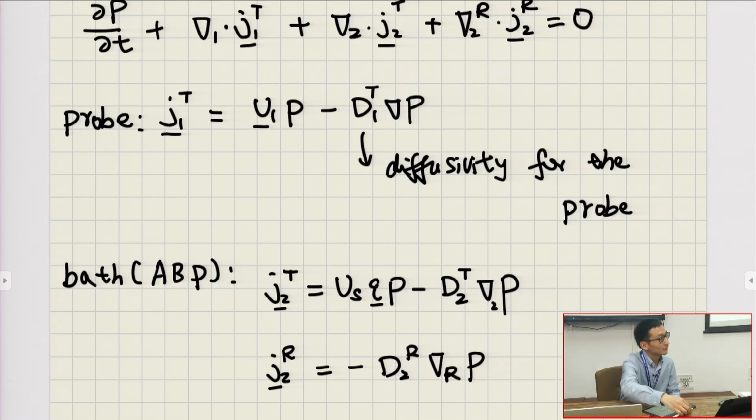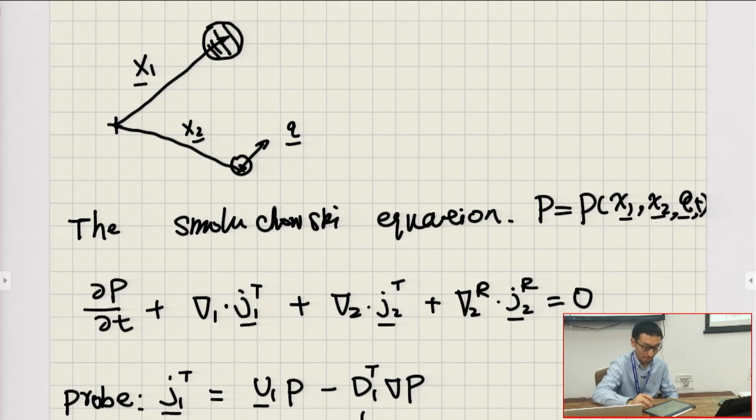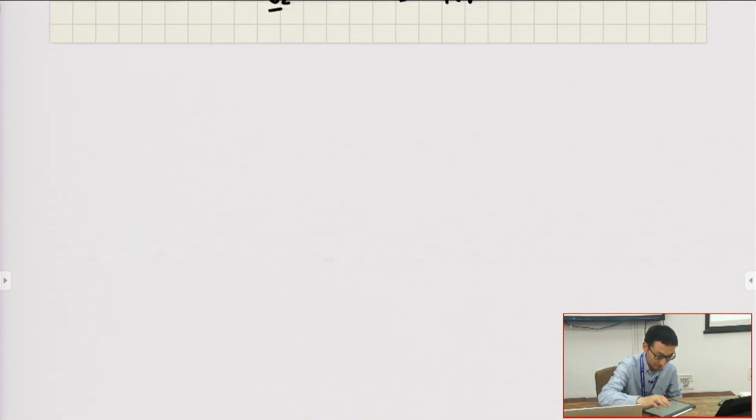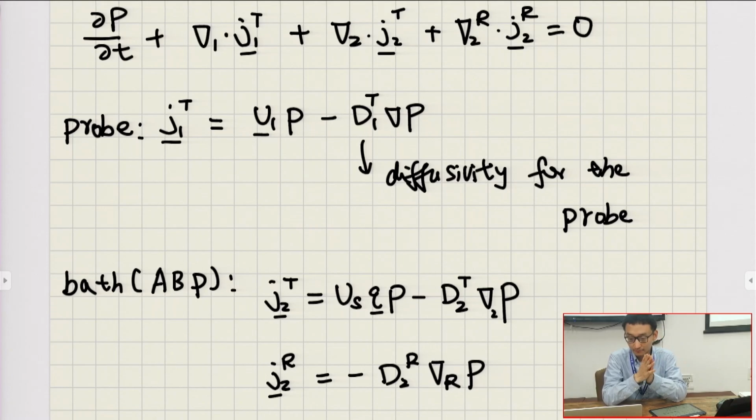Okay. So now we've written down our conservation law for this pair in the system. All right. Any questions about this? The ABPs can also be under some kind of external force, right? You could, if you want. Then you add that here.